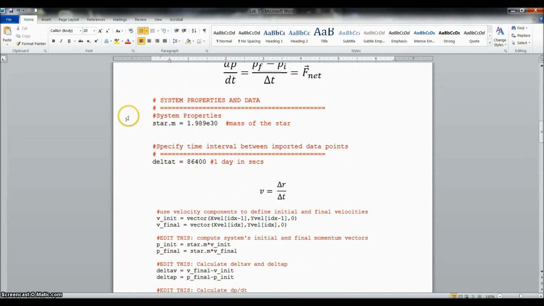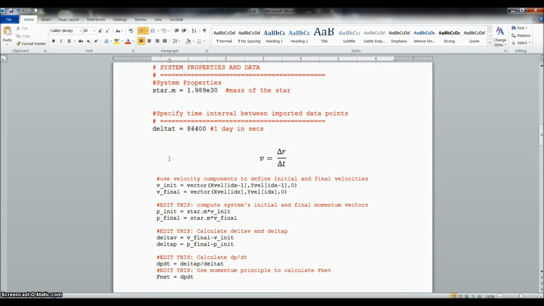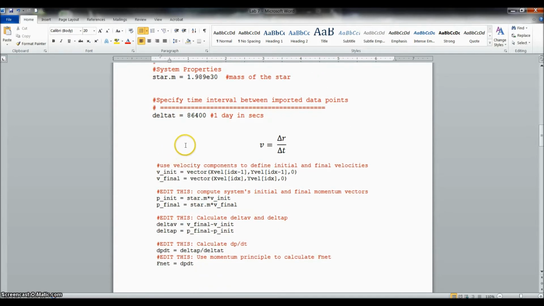So in Python, we set up a couple initial conditions, including our delta t, which is 1 day in seconds. And then using the position data given to me, I iterated through each step and calculated, by using delta r over delta t equals v, the change in position over the change in time for each time step.